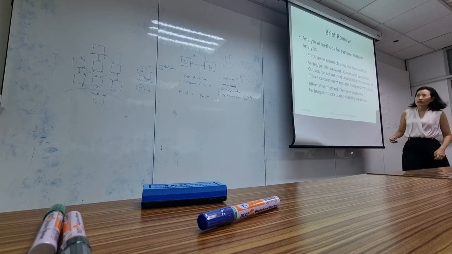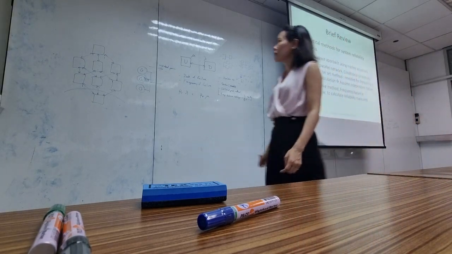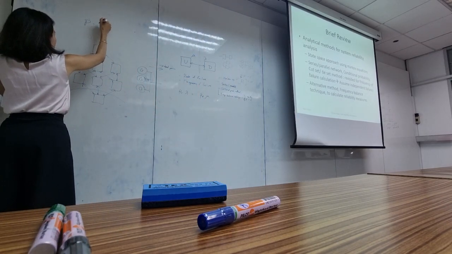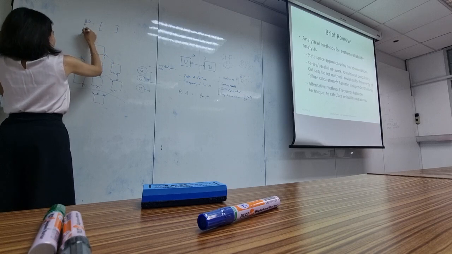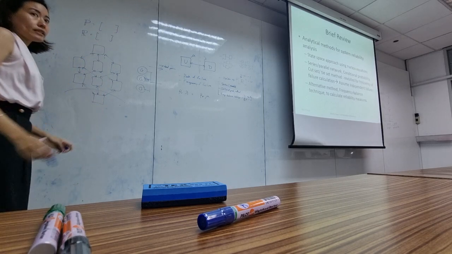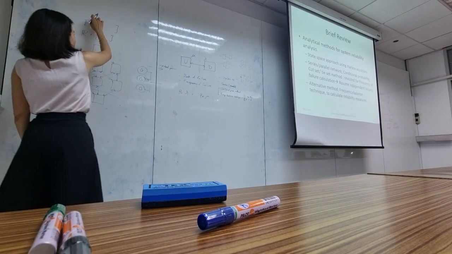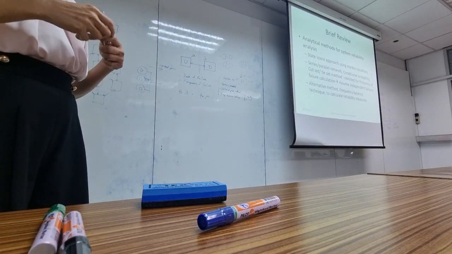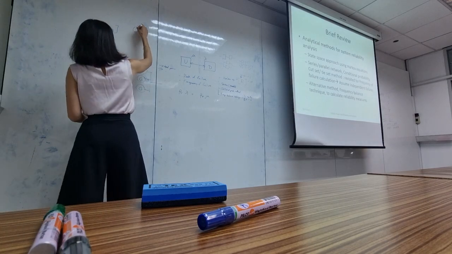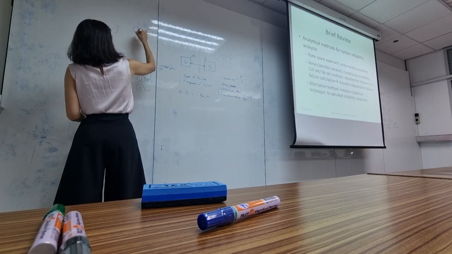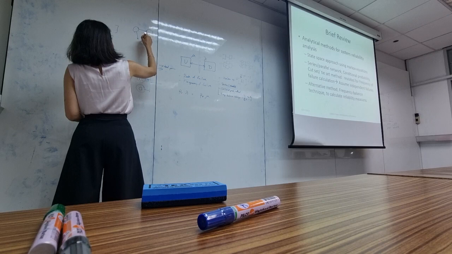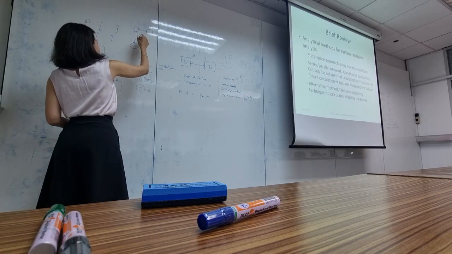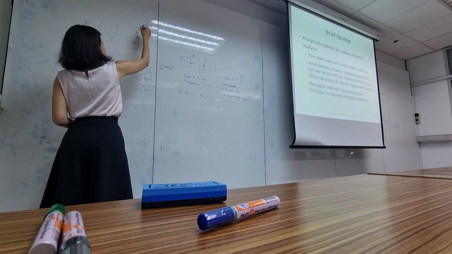I heard that some of you are a bit confused about the transition probability matrix and the transition rate matrix. Okay, transition probability matrix is in the discrete time case. You look at the Markov. That is the transition probability.